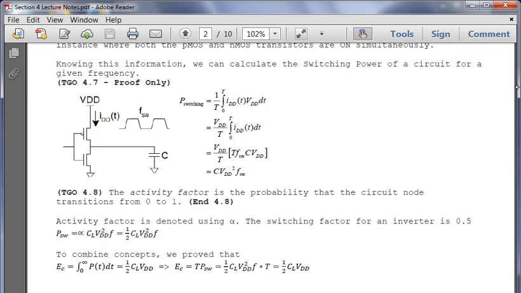And again, it's what I alluded to earlier: energy is the power times time, frequency times T cancels out, leaving 1/2 CL VDD squared.